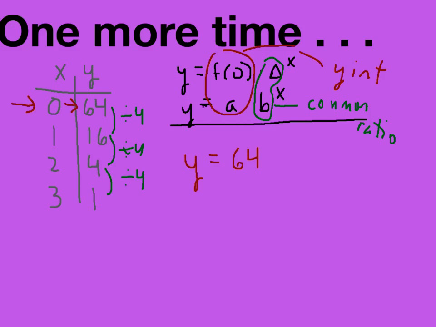And divide by 4. Since we always express the common ratio as a multiplication, we need to remember that divide by 4 is the same thing as multiplying by 1/4. So we're going to go ahead and put in our 1/4 as our common ratio to the x power.